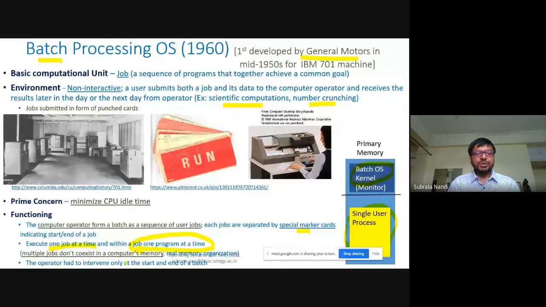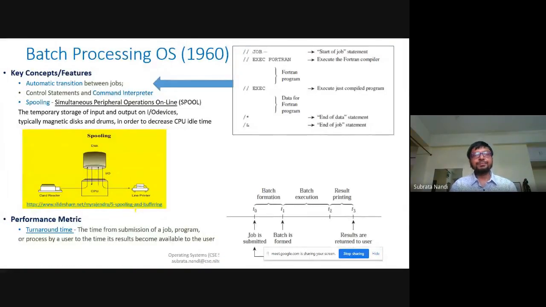So the operator needs to intervene only at the start and end of a batch, and these are the basic things. The basic computational unit is a job. The operator forms a batch like this, and the basic objective is to minimize the CPU idle time. Now the concern is how to minimize it.